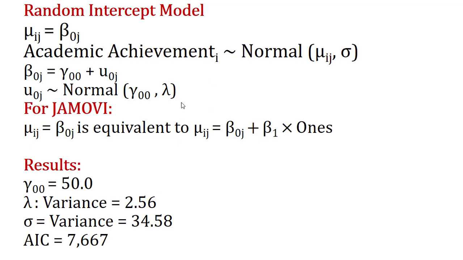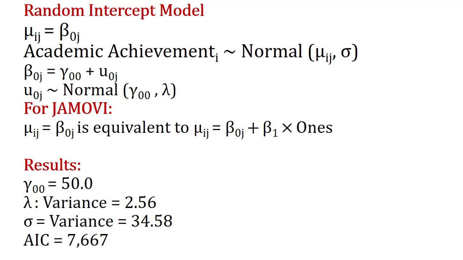If this lambda is high, that means that there is variability in the intercept. So if we calculated an intercept for each region, there would be some difference with the intercept of the sample. If lambda is a very small value, it means that all the intercepts in all the regions are very close to gamma 00. So these two parameters are the ones that we are going to be interested in.